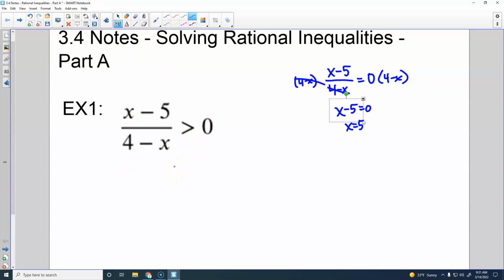So what we're going to do for this is I'm going to write this down. We'll move everything to one side.